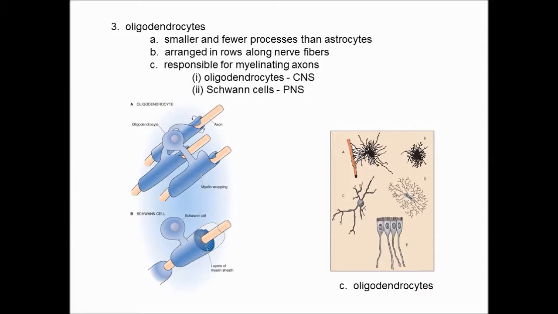So rather than Schwann cells that wrap around single cells, oligodendrocytes' processes wrap around several cells simultaneously. And again, they're only found in rows along nerve fibers and only in the central nervous system, where Schwann cells are the myelinating cell in the peripheral nervous system.